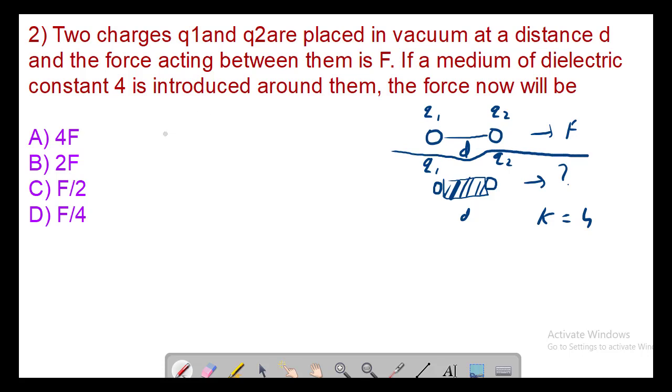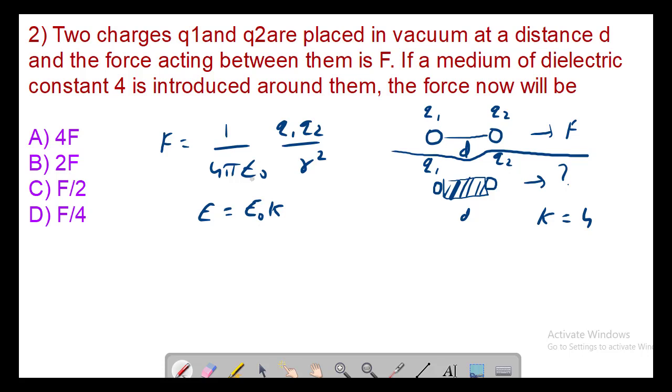First of all we use Coulomb's law, which gives F equal to 1 upon 4 pi epsilon 0 q1 q2 upon r square. Now this epsilon 0 is for vacuum. The general formula is F equal to 1 upon 4 pi epsilon q1 q2 upon r square, but for vacuum k is 1, so in most cases where we use vacuum or air we get epsilon 0 here.